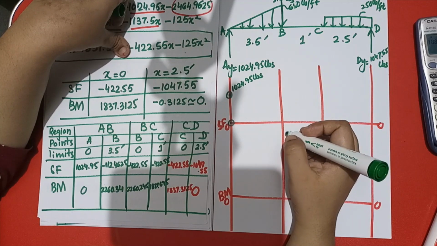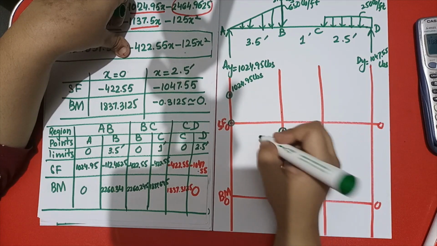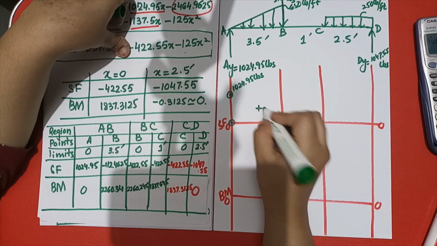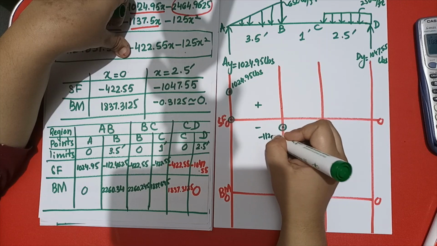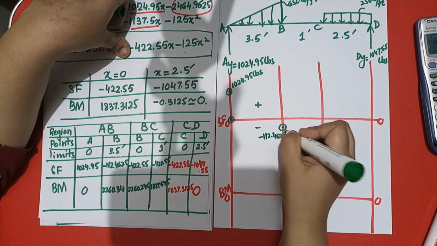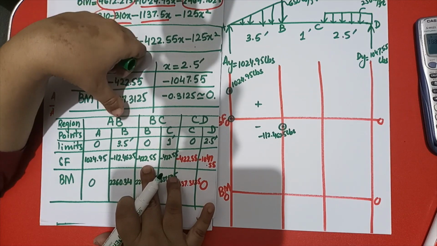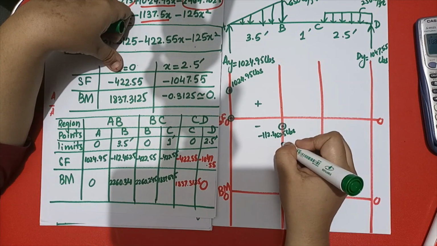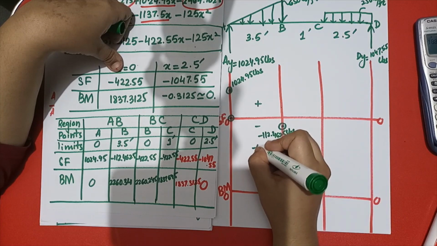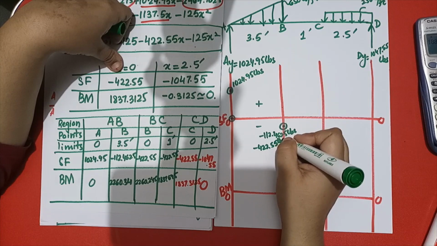So what we have to do, we have to take it here. It is on the negative side because this is the positive and this one is negative. So it is minus 112.4625 pounds. Now again at B there is a difference in the value, and it is coming out to be minus 422.55 pounds.